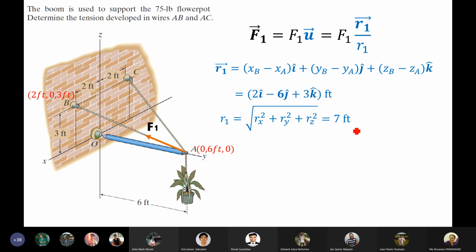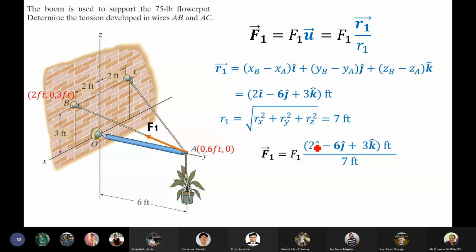And the unit vector now for F1 is 2 I hat minus 6 J hat plus 3 K hat feet divided by 7 feet. So, kukunin natin yung answer niya. Pero as much as possible in this type of problem, wag tayong gagamit ng decimal. Unlike nung previous problem natin, gumagamit tayo ng 0.01, 0.02.